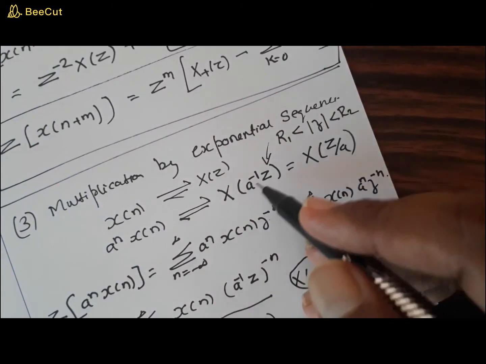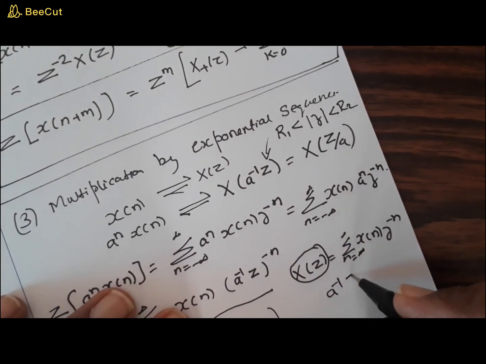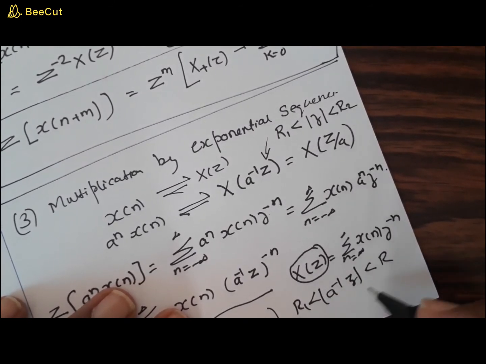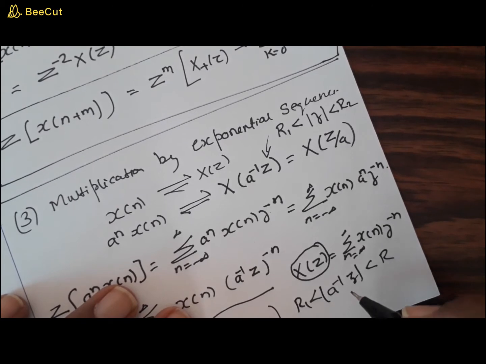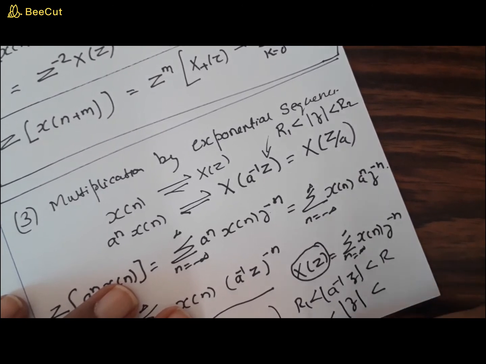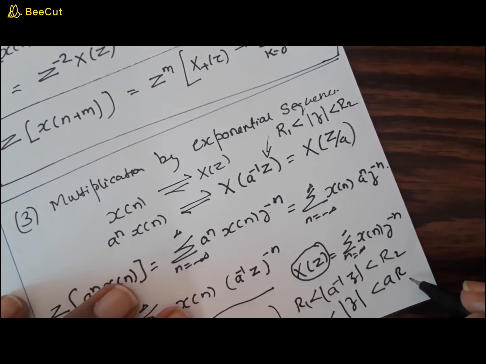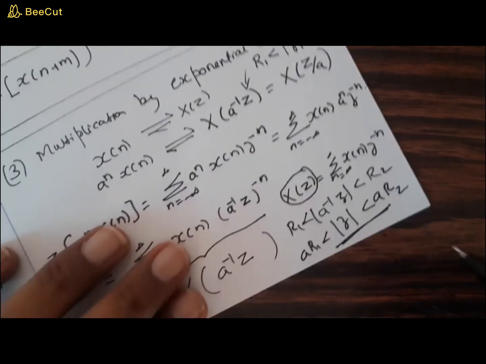So instead of z, you have a inverse of z. That means you are going to write that a inverse of z lies between R1 and R2, so this is z by a. That means mod z lies between a R1 and a R2. So this is how the ROC looks.